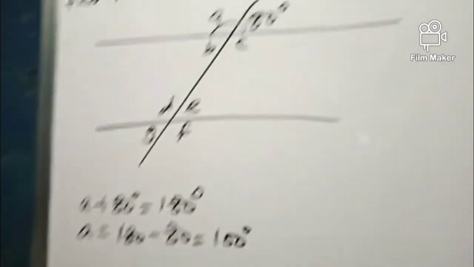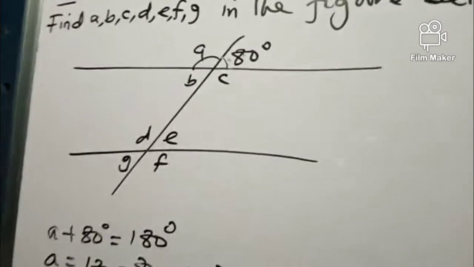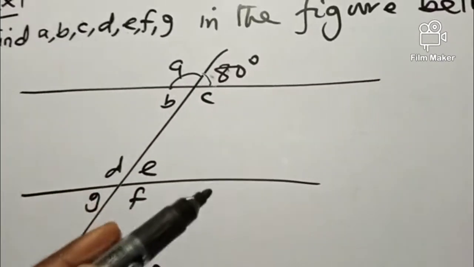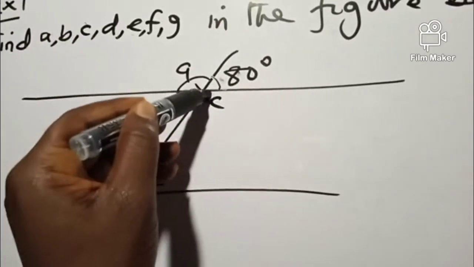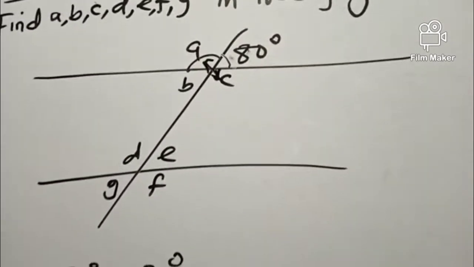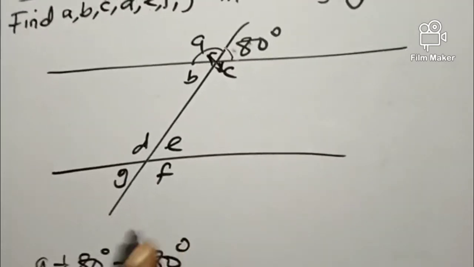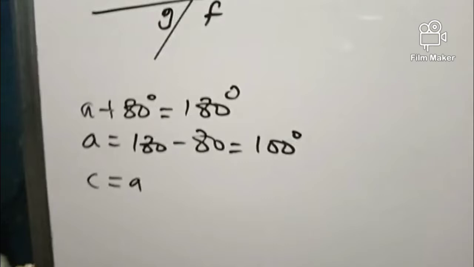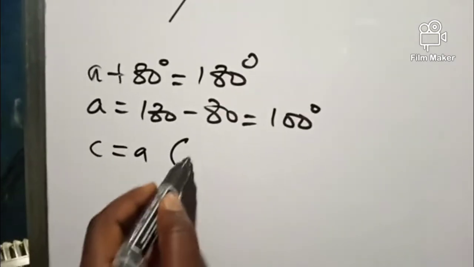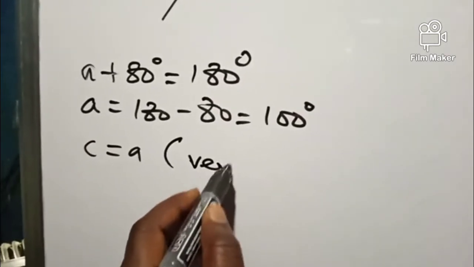So that's for A. Now, if you look at C and A, you will see that they are facing each other. That means they are vertically opposite. So C is equal to A. Reason, because they are vertically opposite.